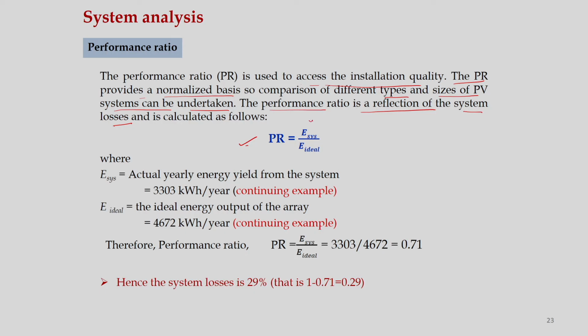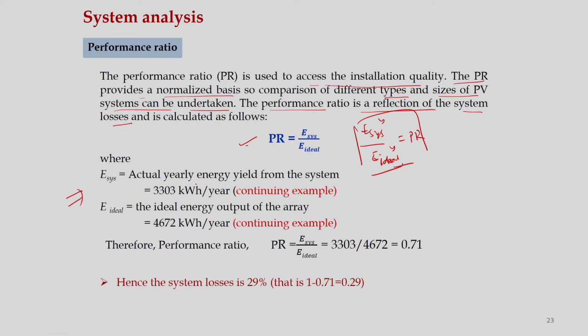This performance ratio is a reflection of system losses, which can be calculated by PR is E system yearly divided by E ideal yearly.